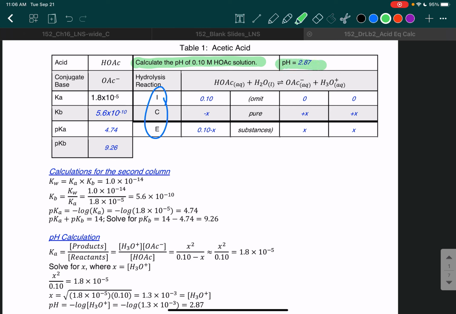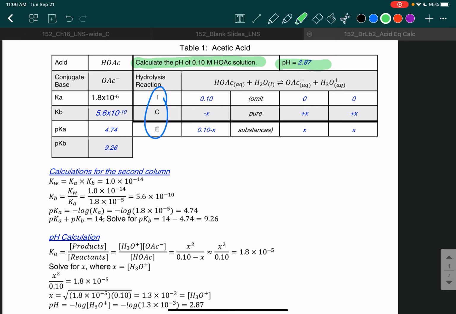And so when I grade this, the first box I'll look at is that pH. And if that pH is correct, I sort of relax and check, does the work look okay? If that pH is wrong, based on my key, then I'm paying a little bit closer attention. So it's really that pH value that you're shooting for. And you basically have to fill out this ICE table to get to that point.